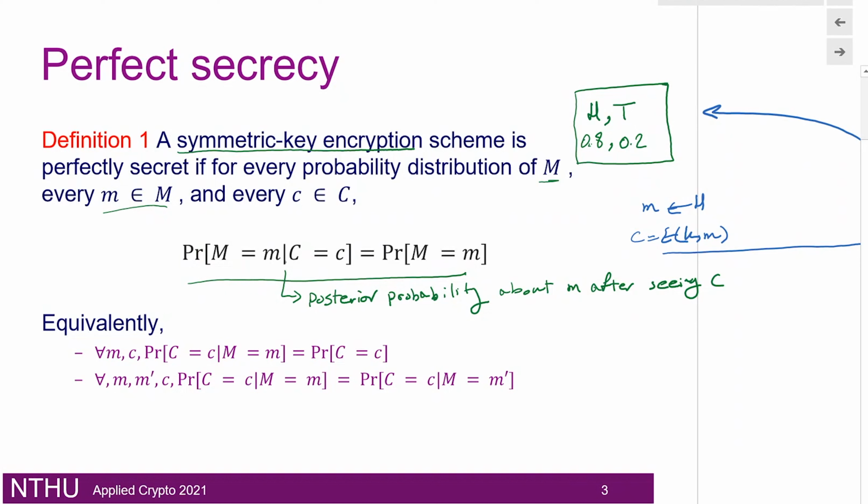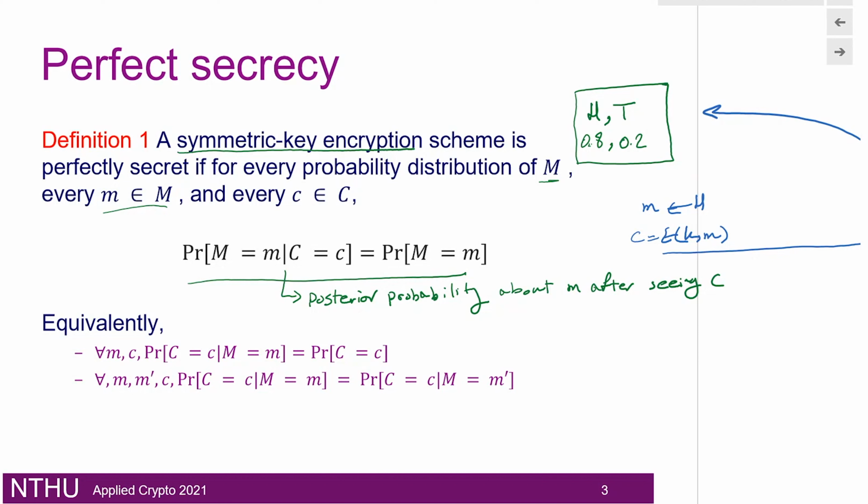It says that if you give the ciphertext to the adversary, and you hope that the adversary, given the ciphertext C, learns that it is the encryption of some message M, then this ciphertext C, which is extra information, does not provide any useful information for the adversary.